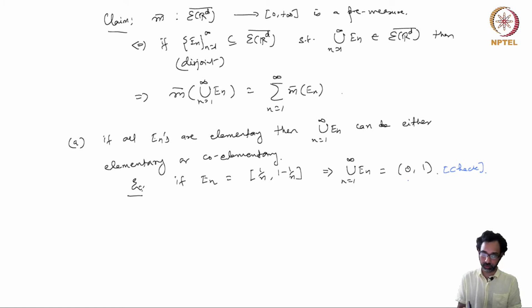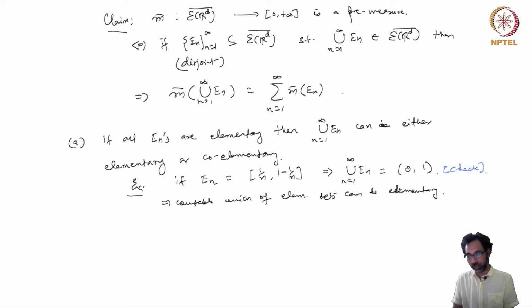So it is elementary. So in this case a countable union of elementary sets can be elementary. And of course if you have a countable union, you can make it a countable disjoint union and the sets will still be elementary, and so even a countable disjoint union of elementary sets can be elementary.